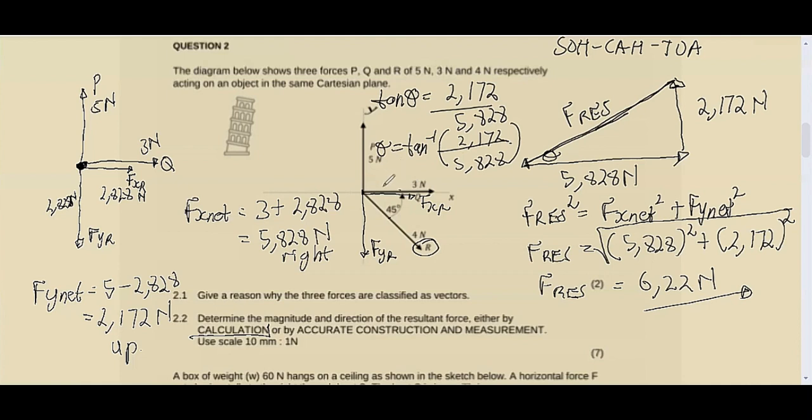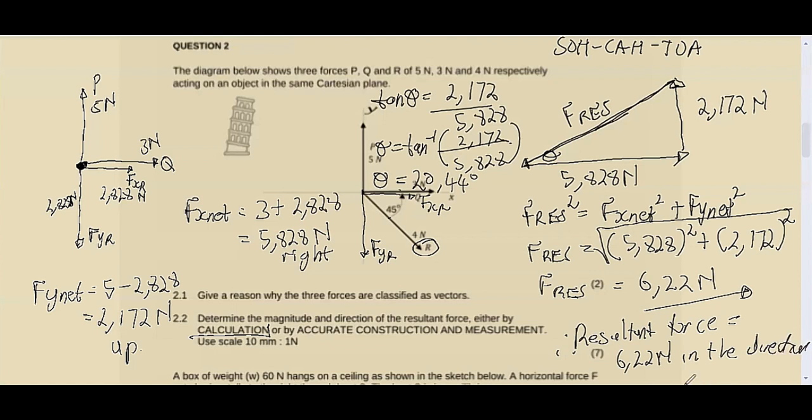Then punching all that in your calculator, you have your theta as 20.44 degrees, right? So in conclusion, we can say that our resultant force is equal to 6.22 newtons in the direction of 20.44 degrees. Right. And that's how you're supposed to work out that question.